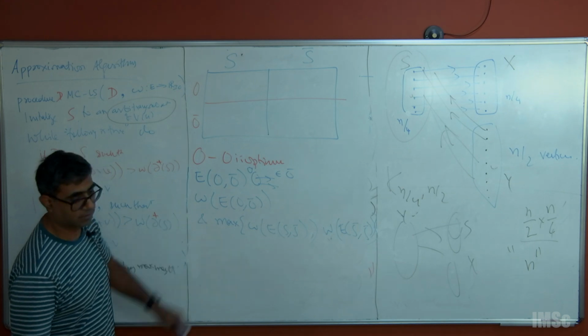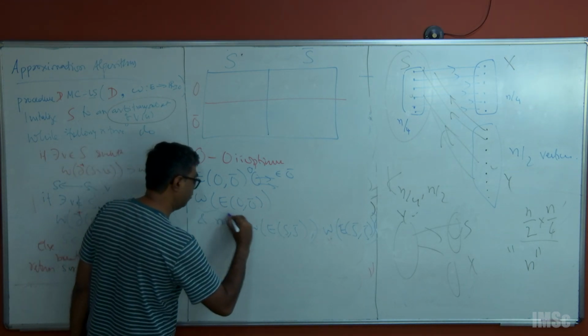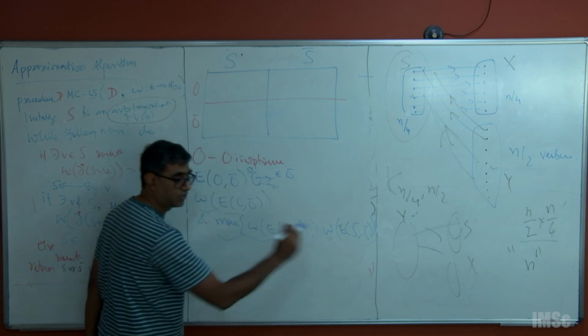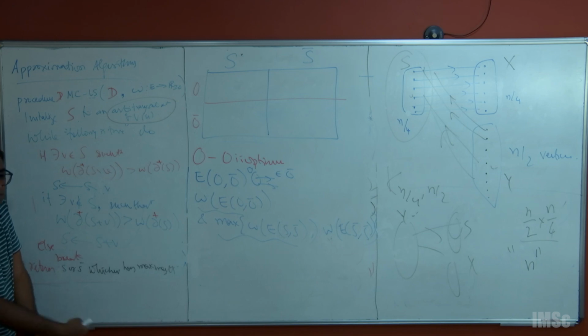This is my whole goal: to understand how this and the max of these two are related, because what I output is S or S bar, whichever gives me the maximum weight. Is that fine? If you are confused, ask now, because the analysis will become more messy if you do not understand till here.